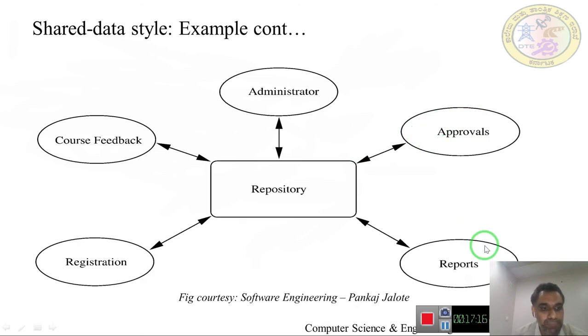The reports component produces the report regarding the students registered in different courses at the end of the registration. And the last component, course feedback, is basically used to take the feedback from students at the end of the course. So there are 5 different components and 1 repository centrally located.